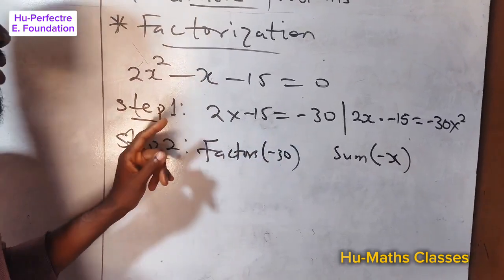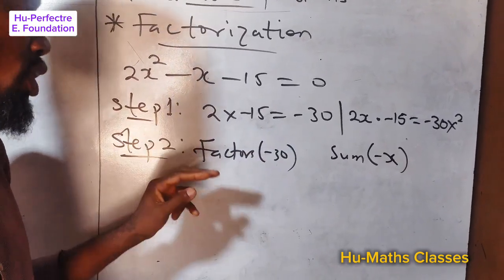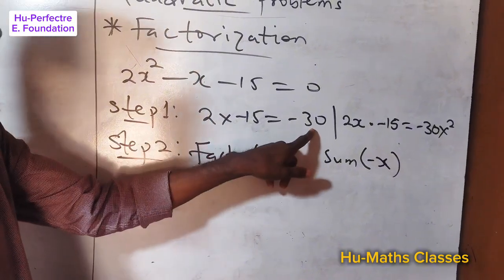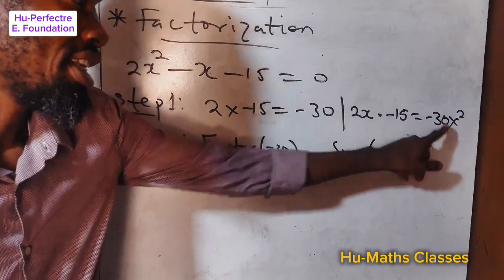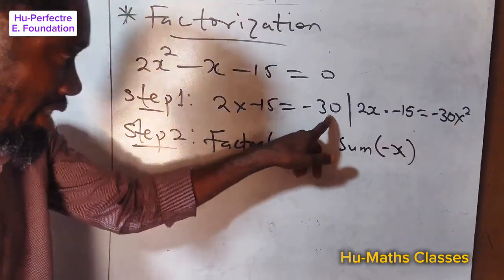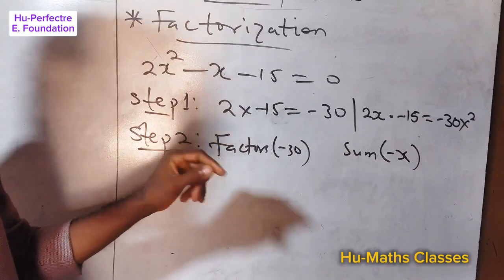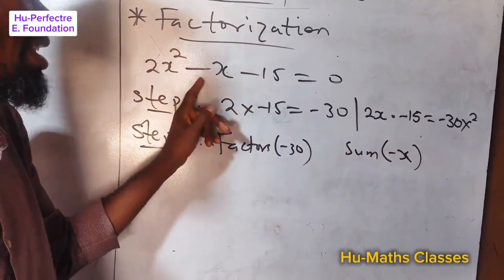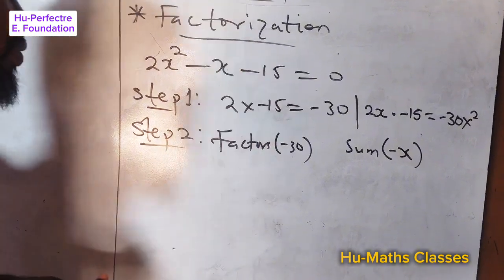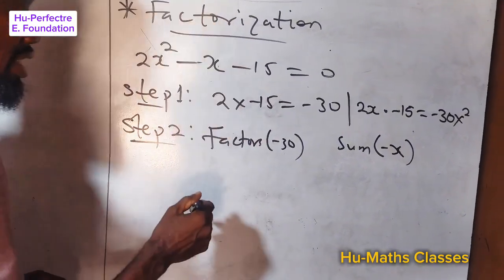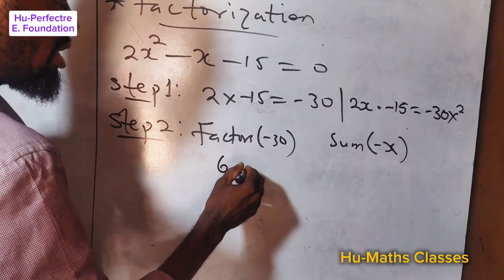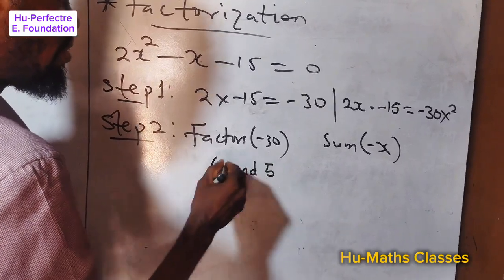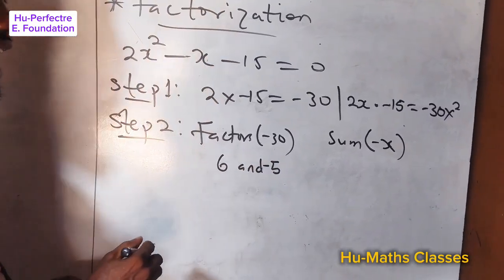Second step, I said find two factors of this answer that when you multiply them you get back this answer, but if you add them up you get the coefficient of the second term. Now, two factors of minus 30 are 6 and minus 5.